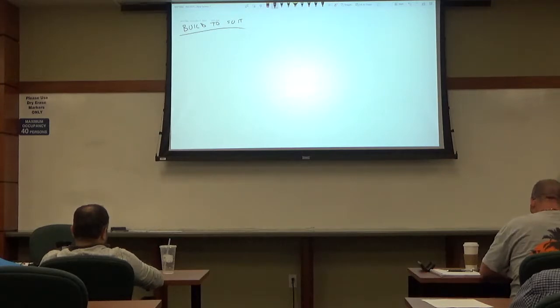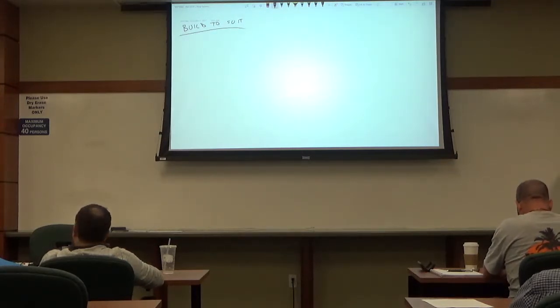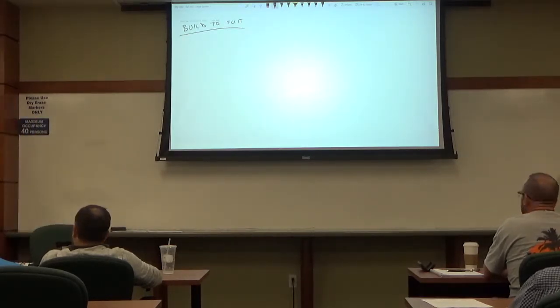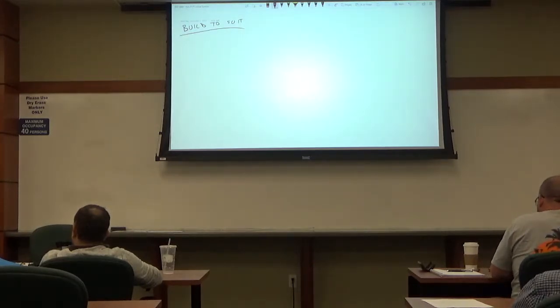Well, let's say that it might take you 12 months to lease up a property versus being able to have immediate occupancy with a build-to-suit tenant. All right, so if that's the case, how big of a project do we have?